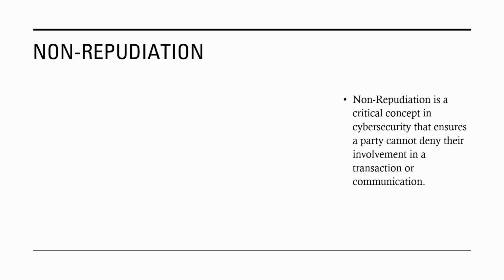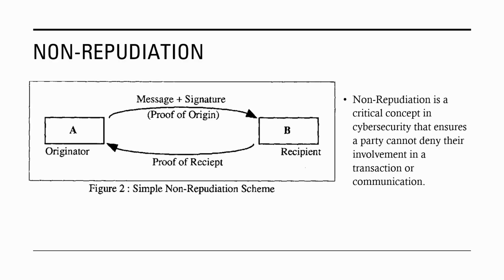Non-repudiation is a critical concept in cybersecurity that ensures a party cannot deny their involvement in a transaction or communication. While authentication verifies that a user or system is who they claim to be, non-repudiation goes a step further.